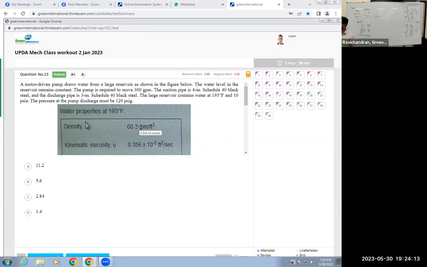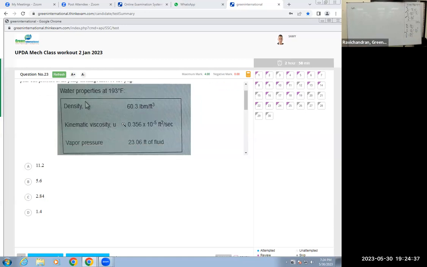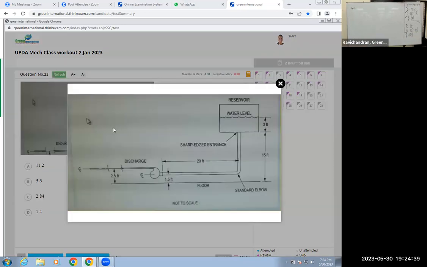Yeah, it's mercury, level of mercury. Hg is mercury, yes.